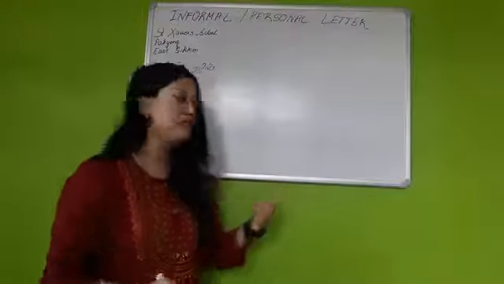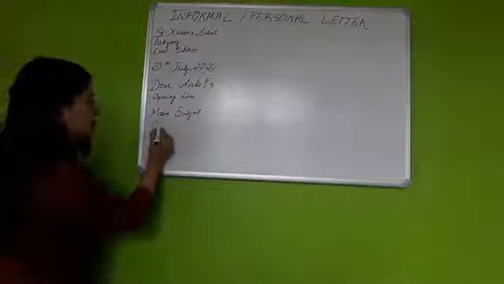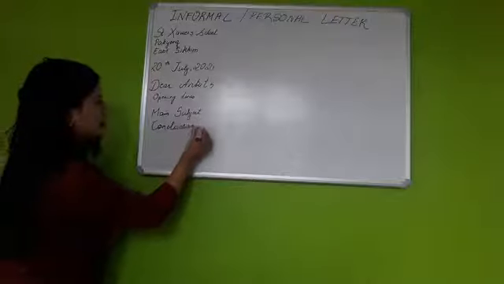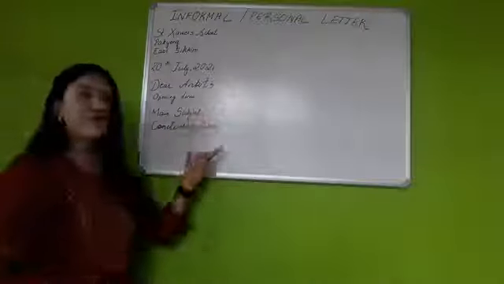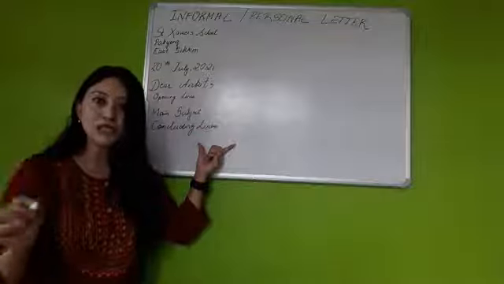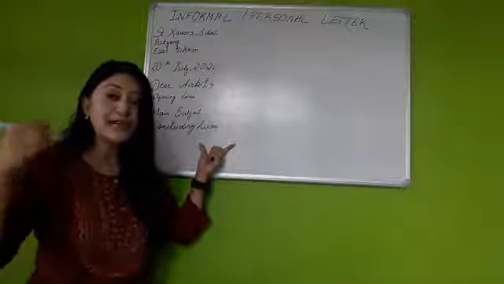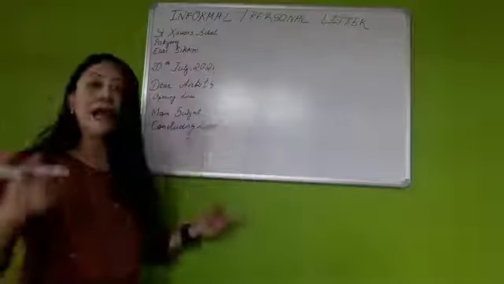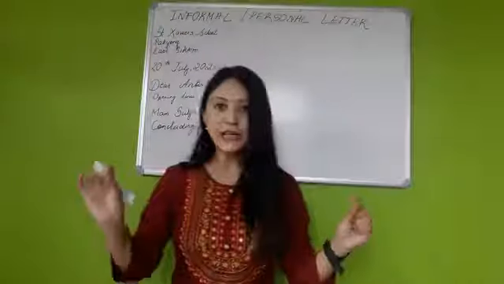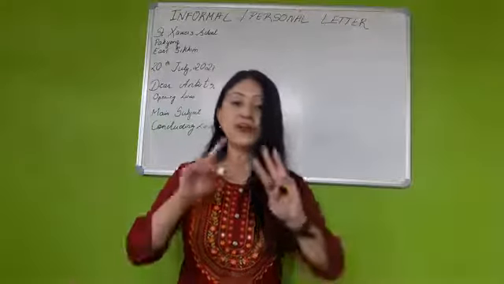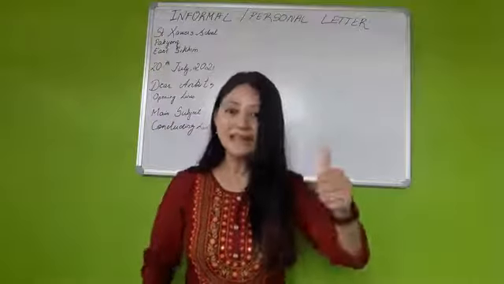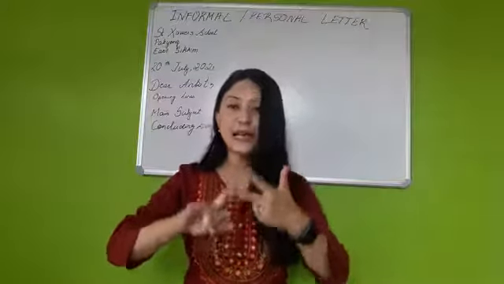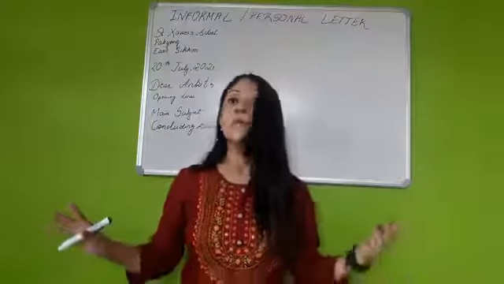The final paragraph contains the concluding lines, where you write what you expect from your friend. So just to recapitulate, the body of the letter should be divided into three parts: opening lines, main subject matter, and concluding lines. It shouldn't be more than 3 paragraphs.